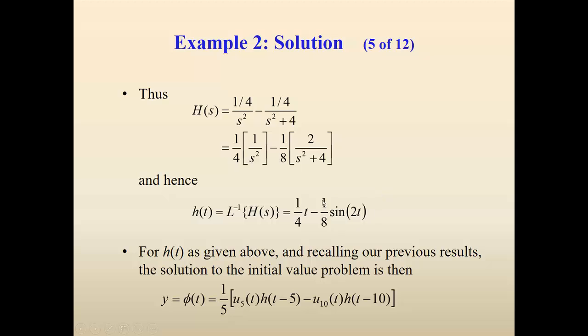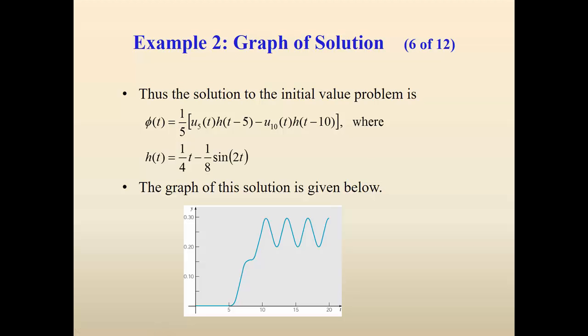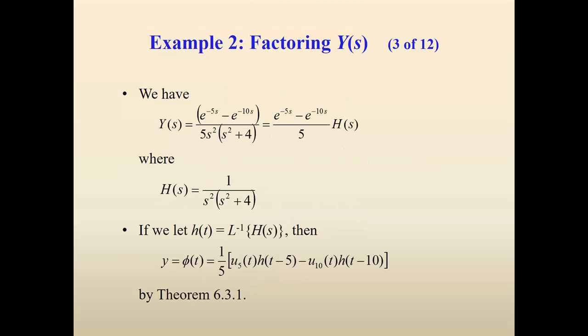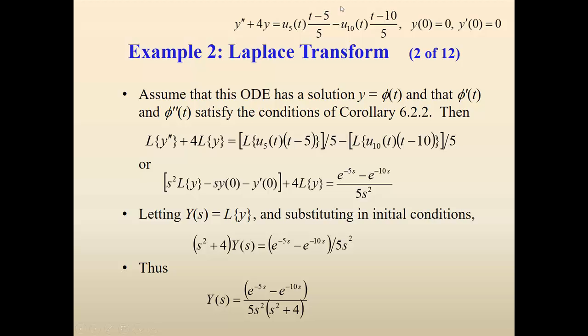Remember what I said? We should expect sines and cosines and linear functions. There it is. So there's our graph. Notice before t is equal to 5 and t is equal to 10, we don't have any graph, because before 5 and 10, there is 0 on the other side with 0 initial conditions.